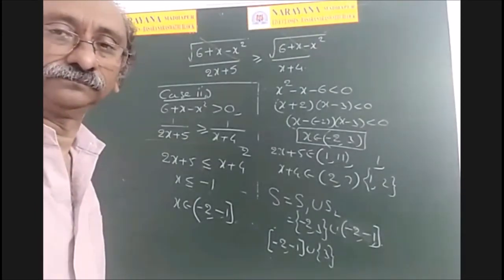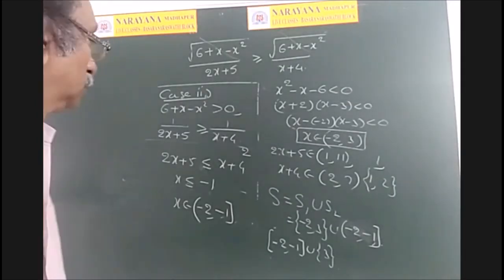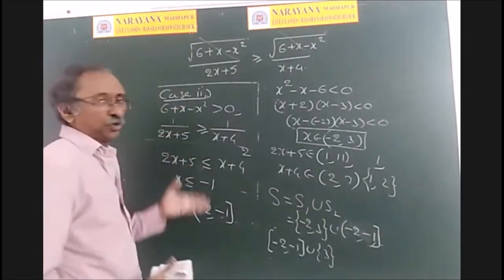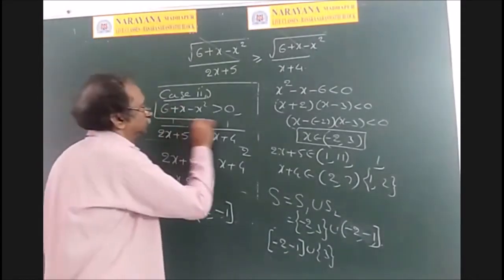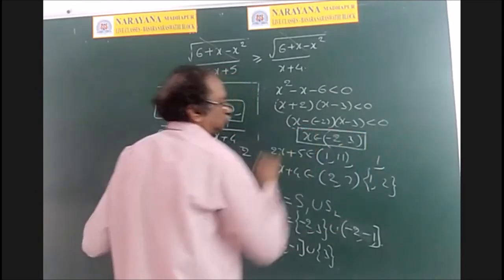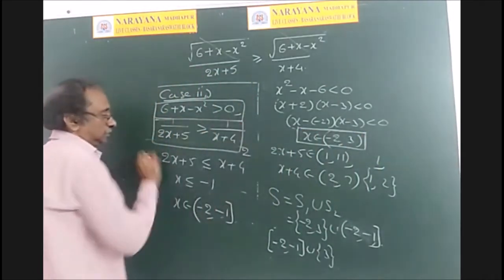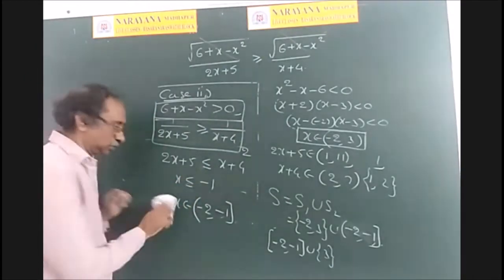Sir, can you give one example when we have to take intersection? Here only we have seen so many examples. First of all, we have solved this, so this is the answer: x belongs to minus 2 comma 3. And we have solved this, so we are getting x less than or equal to minus 1.